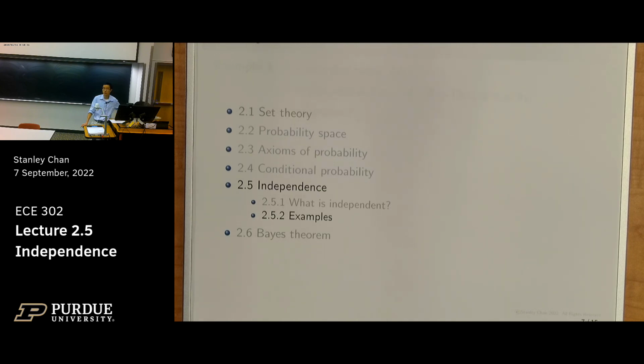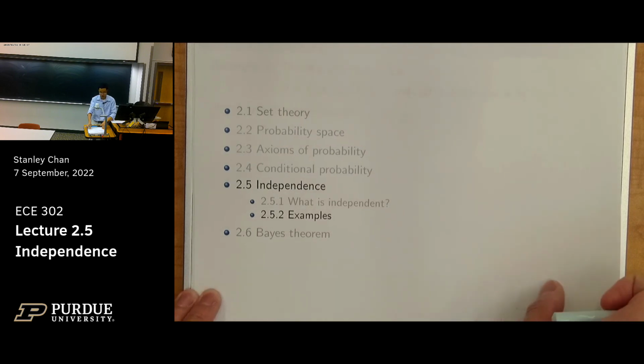I'm going to come back to this point: why is the sum equals 7 thing independent? I will go back to that example. And then I will also talk about the Bayes theorem, and more examples of how you use independence to solve more meaningful problems. So be prepared that there will be more examples coming in the next lecture. Okay, so I will see you next time.